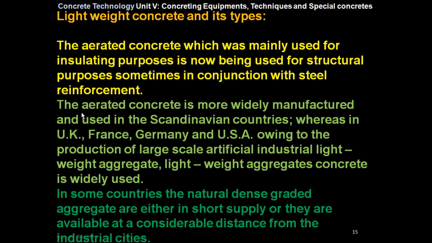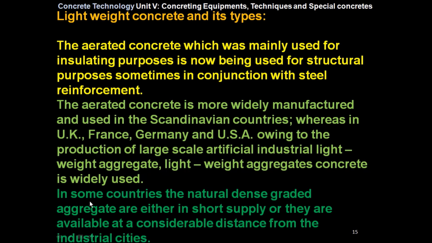The aerated concrete is more widely manufactured and used in the Scandinavian countries, whereas in the UK, France, Germany and USA, owing to the production of large-scale artificial industrial lightweight aggregate, lightweight aggregate concrete is widely used.